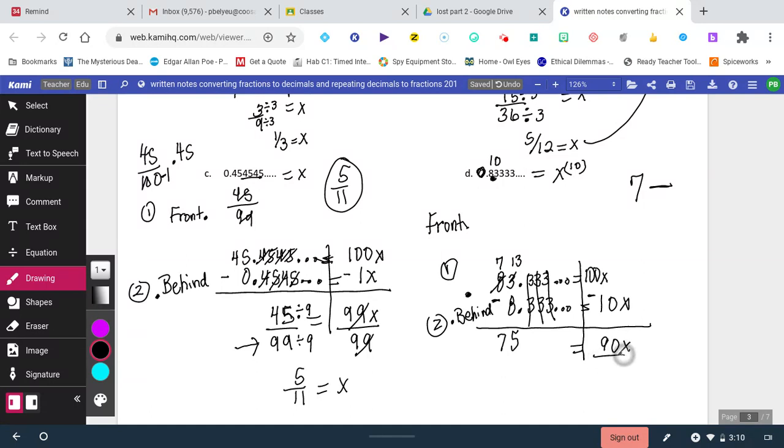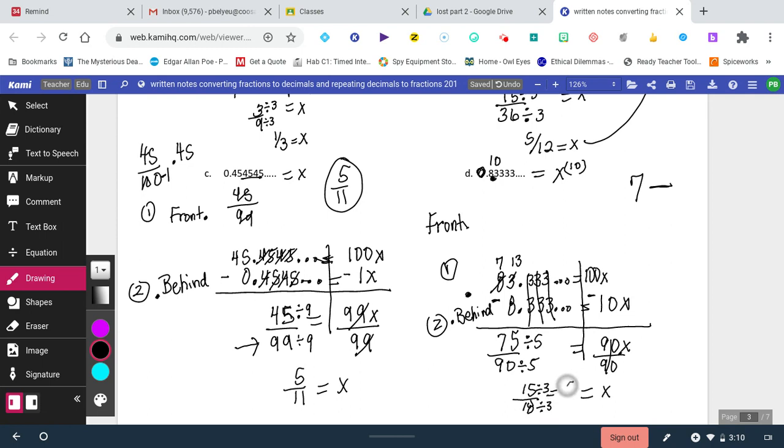So now I'm going to divide both sides by 90. And I can divide each of these by 5. 5 will go into 75 and 90. How many times will 5 go into 75? 15 times. How many times will 5 go into 90? 18 times. But I can now divide each of these by 3.